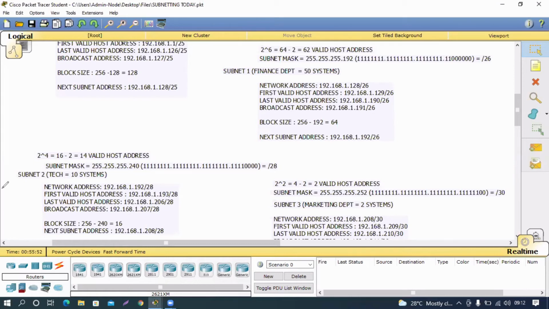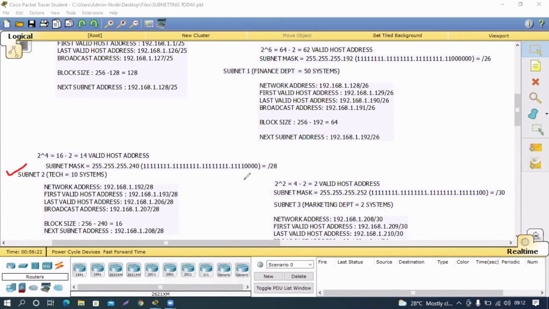Who will explain this? Bhaskar, this one, subnet number 2, you tell me what exactly is going on.